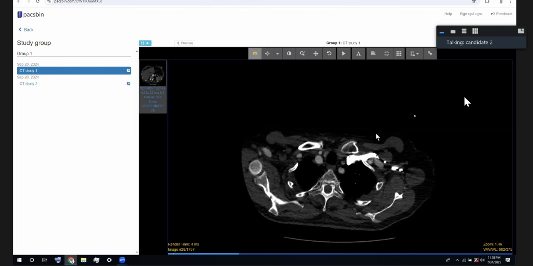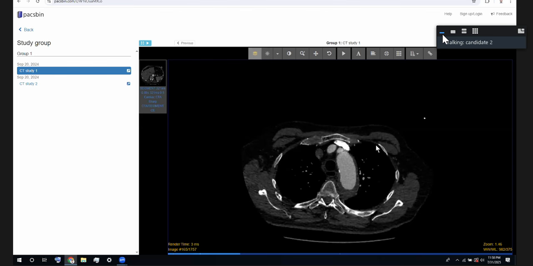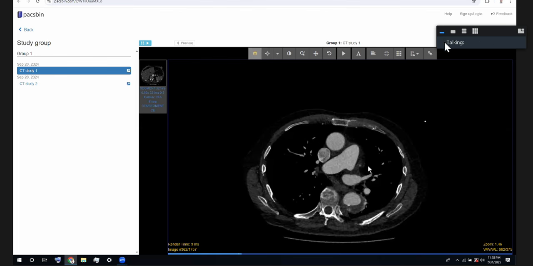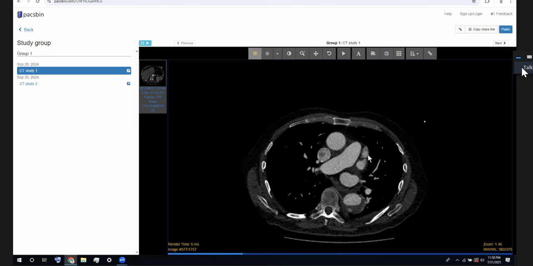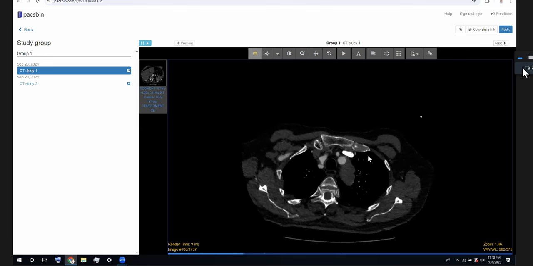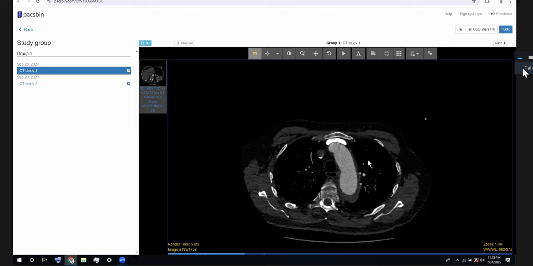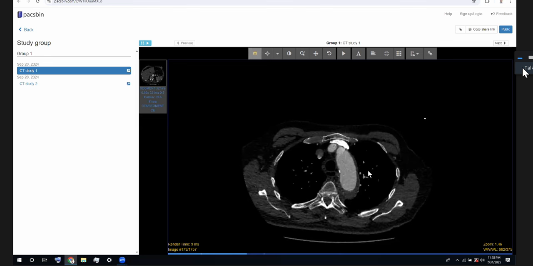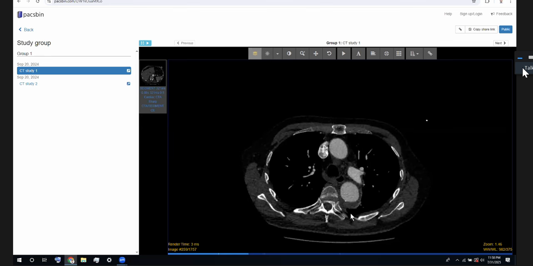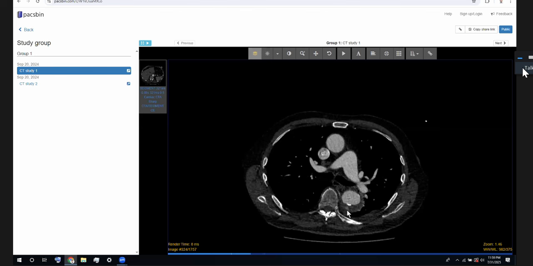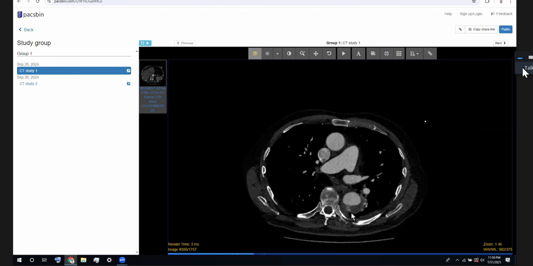Yeah, I'm just scrolling now. So I can see a periaortic hypodense collection with medialized calcification. And in the intramural aspect, there is a small hyperdensity in this segment posteriorly.